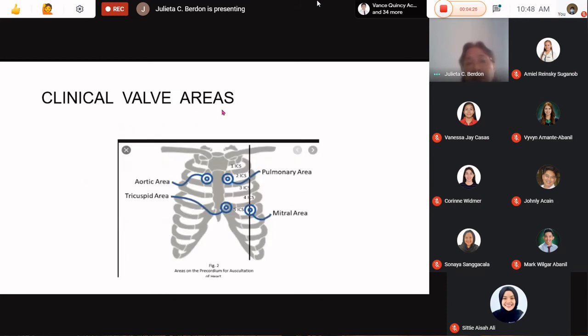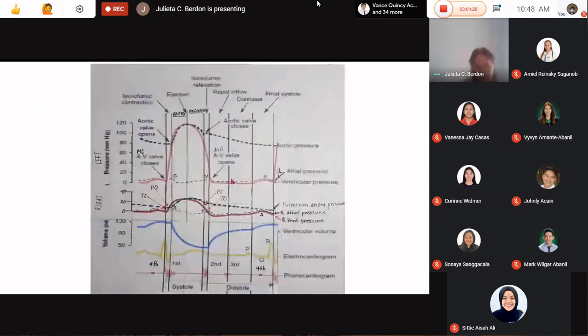Okay, now what is asynchronous? Contraction of the right atrium occurs earlier than in the left. Why? Right atrial contraction occurs earlier than the left atrial contraction.